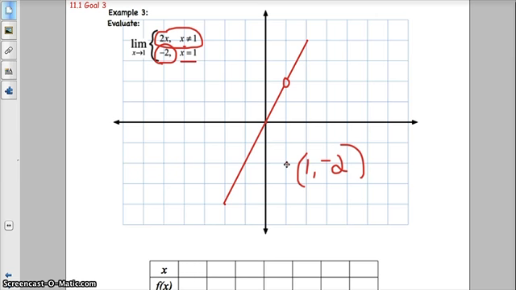And we're not looking for the value of y at the value of 1. We are looking for the value that y is approaching as x is approaching 1. So let's only look on the linear line. So as x approaches 1 from the left, y is getting closer and closer to 2. As x approaches 1 from the right, y is getting closer and closer to 2. So this tells us that our limit is 2.